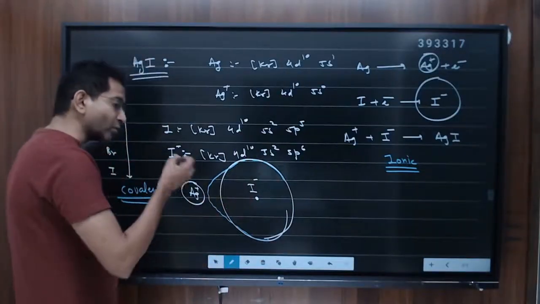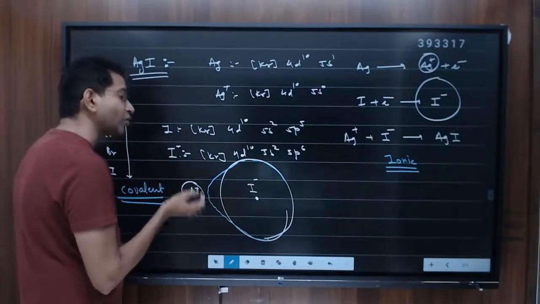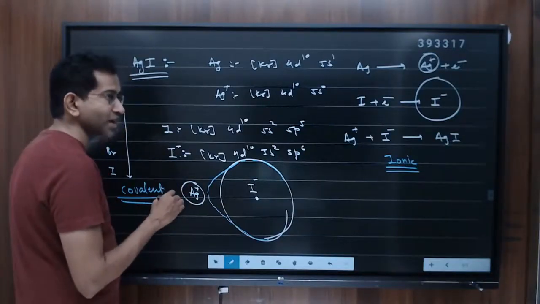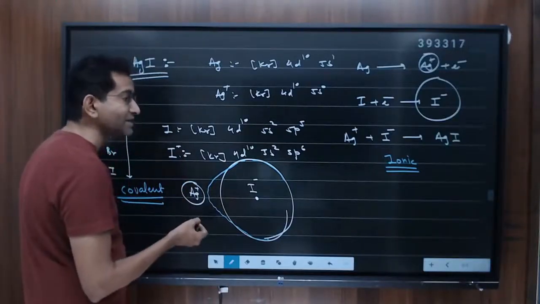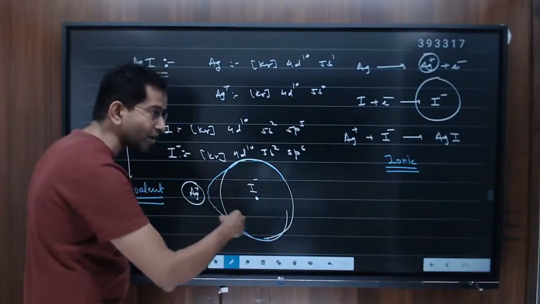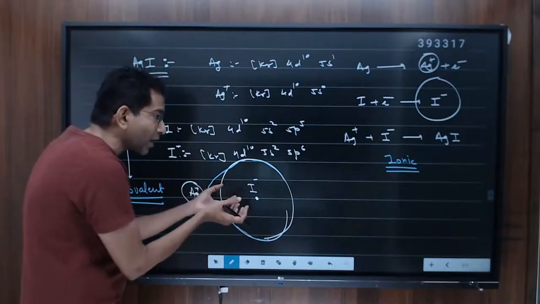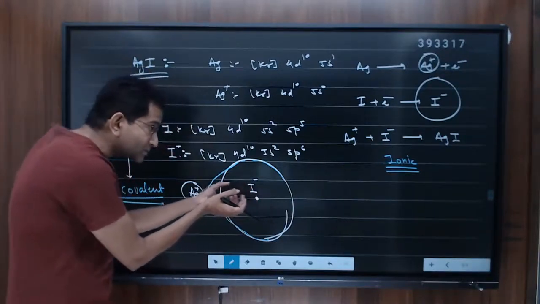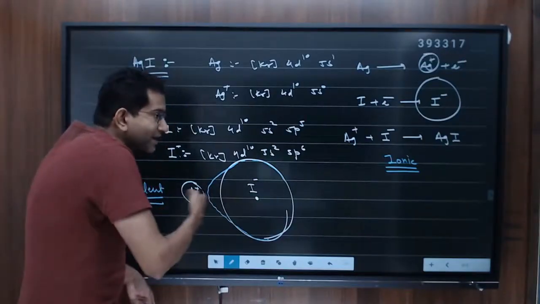Ag plus being very small in size is capable of attracting its own electrons. Not only that, the positive charge has a spread even beyond its boundary, and that positive charge is now providing attractive force over the electron cloud on the boundary of the I minus ion, and due to that reason this electron cloud of I minus remains pulled towards Ag plus and hence comes in between Ag plus and I minus.